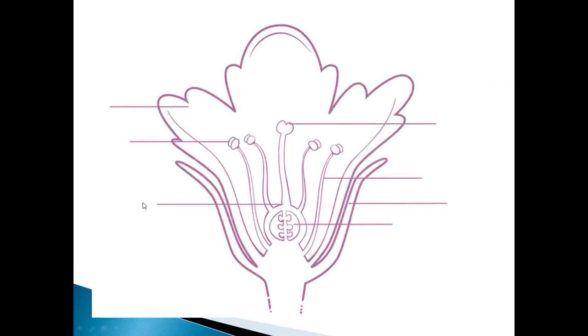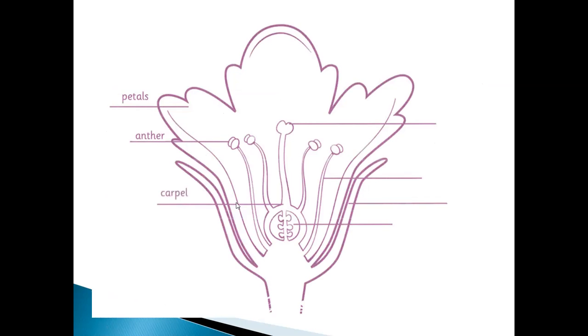Okay, after this, the parts of the flower, one by one. Petal: the brightly colored part, and it gives scent, smell. And the anther, the male part of the plant.